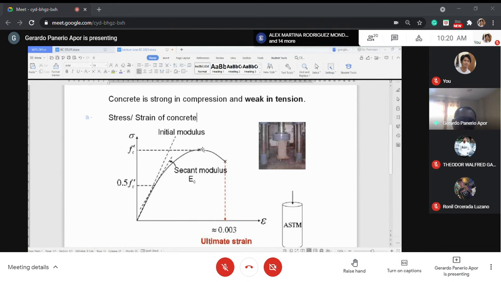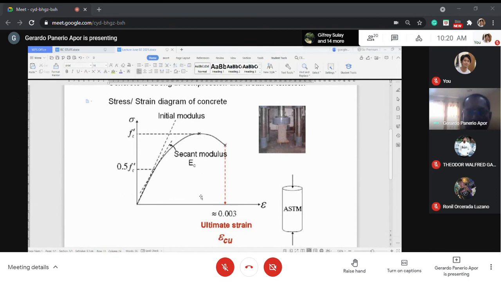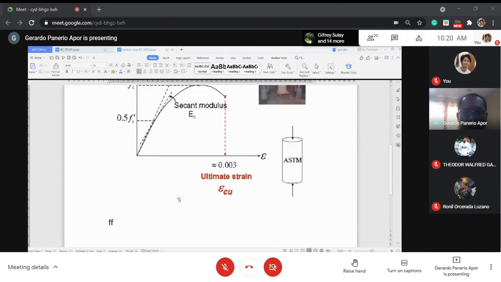Then the graph will subside. Then this time the sample breaks. So this is what we call the stress-strain diagram of concrete. So that is how you determine it.